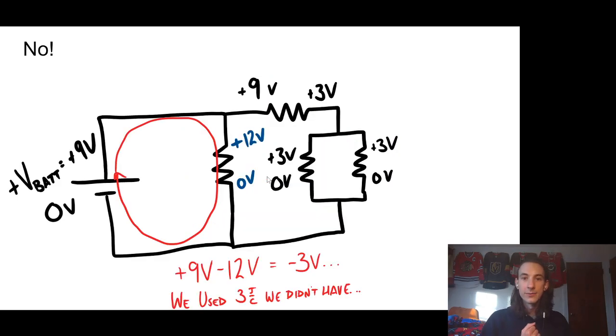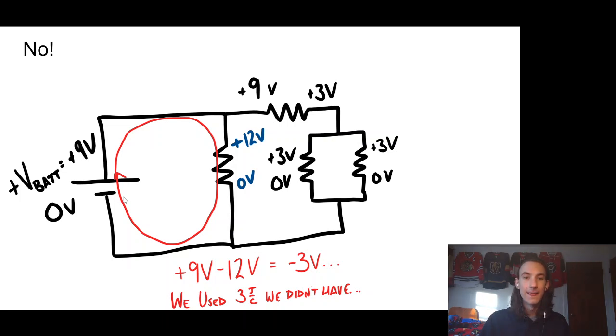Now an example of a bad situation, where the loop rule doesn't work out. We see how weird this is. If we start over here at 0 volts and then we add 9, we've added 9 volts, 9 joules for every 1 coulomb of charge we put in here. And then we go through this loop. Let's say that this has 12 volts over here and 0 volts over here. By the end, when we get to this loop, we have negative 3 volts.